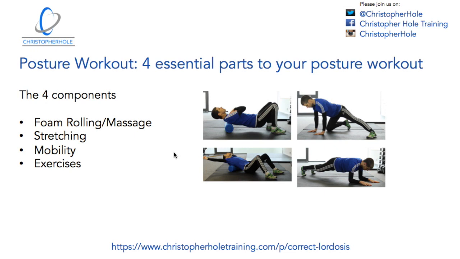Component 3 is to mobilize that area of the body. And then finally, to exercise that area of the body, so to use certain exercises. So you would use foam rolling first, follow it up by stretches, follow it up by mobility exercises, and then follow it up by strengthening and stabilizing exercises.